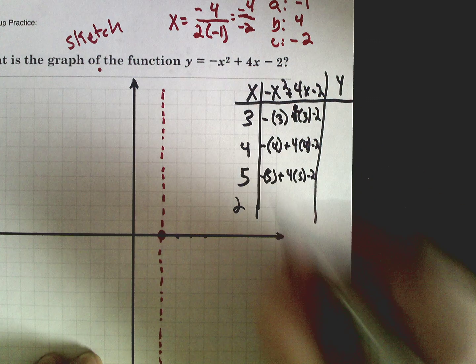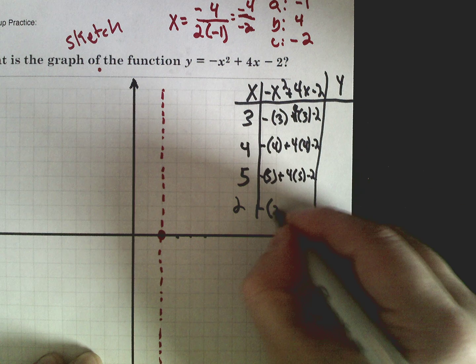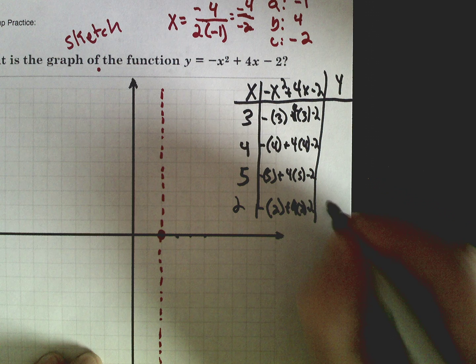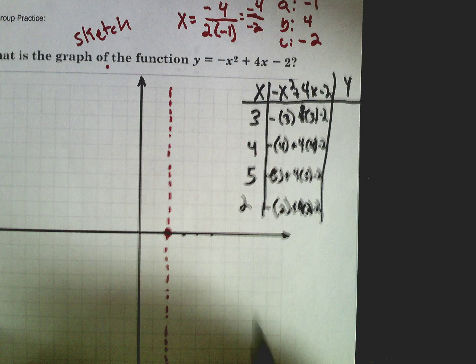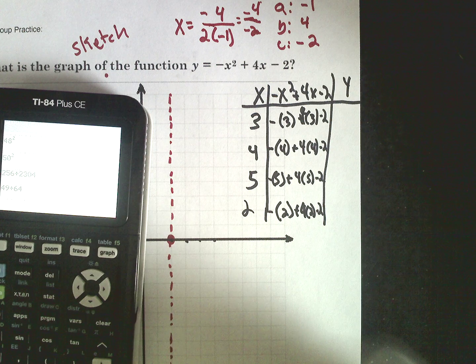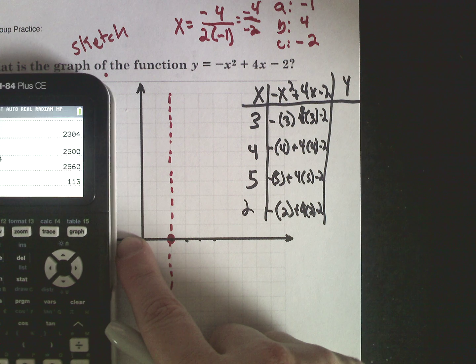Now, you might be able to do this in your head. I'm not saying that's impossible. But why bother? I'm just going to do this in the good old trusty calculator. Now, you notice I'm not using any points to the left here because we have a trick for that, if you remember.